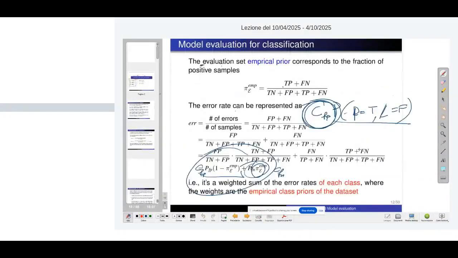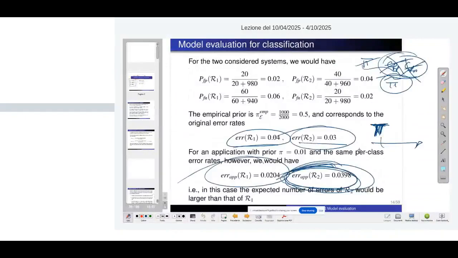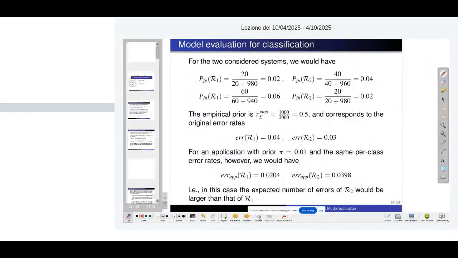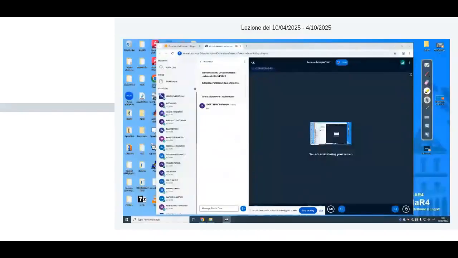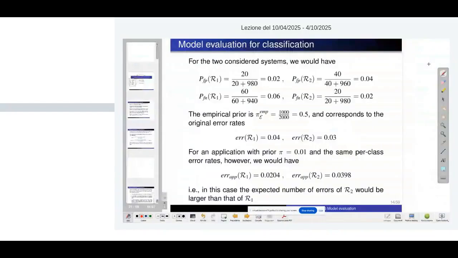However, let's now apply the intuition we had before on how to incorporate the application prior. We said if our application has the same prior as the empirical prior, in this case 0.5 because we have 1,000 samples from the true class and 1,000 from the false class, then if we replace the empirical prior with the application prior, we would obtain exactly the same error rate.